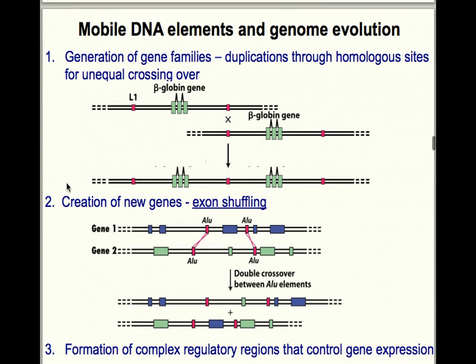Three quick ways here in which transposons can be beneficial is they can help shuffle genes around and create variation upon which natural selection can act. So you can have gene duplication as a result of transposable elements.